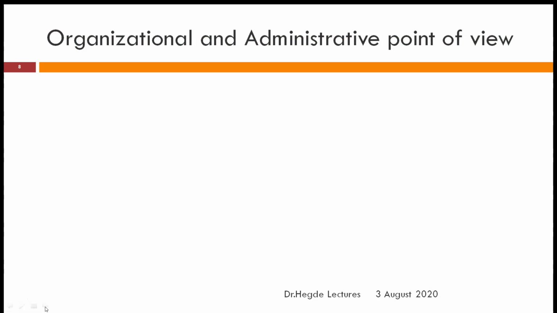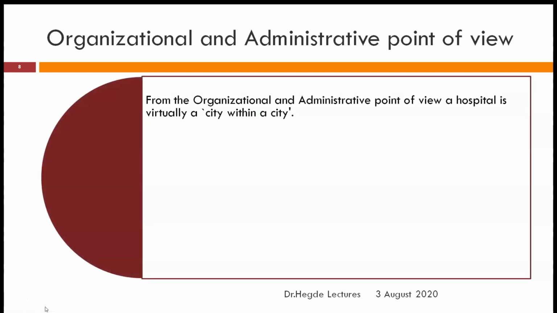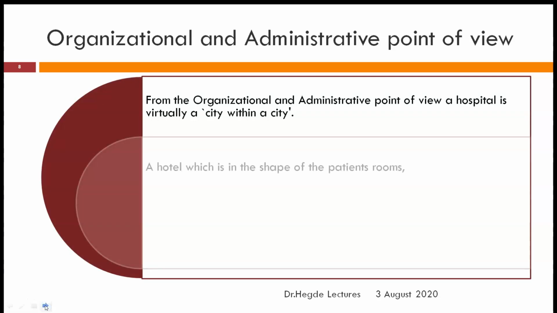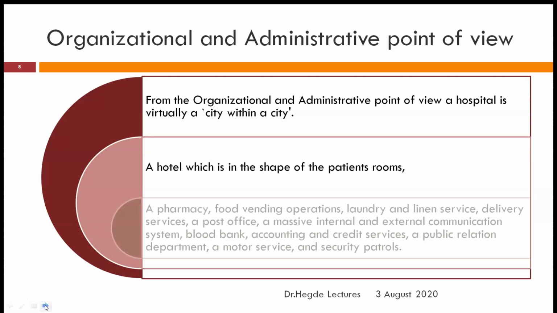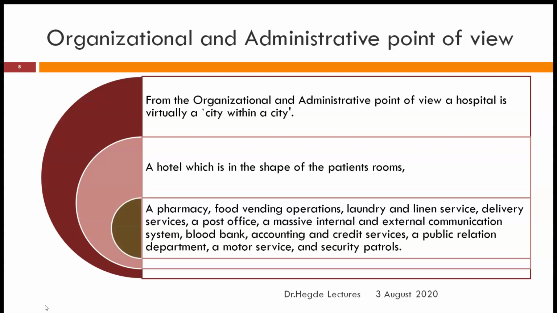From the organizational and administrative point of view, a hospital is virtually a city within a city. A hotel in the shape of patient rooms, a pharmacy, food vending operations, laundry and linen service, delivery services, a post office, a massive internal and external communication system, blood bank, accounting and credit services, a public relations department, a motor service and security patrols, all the things which take place in a hotel.